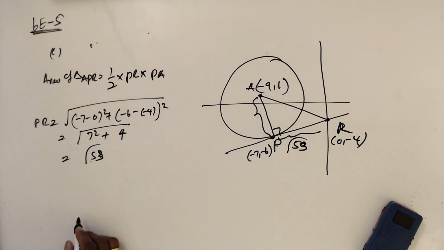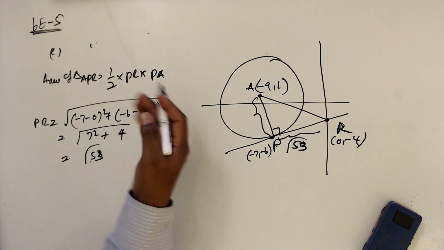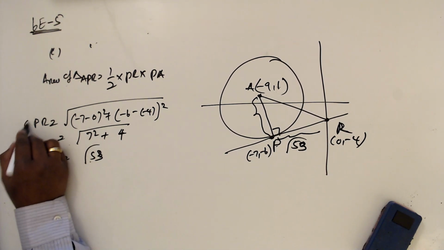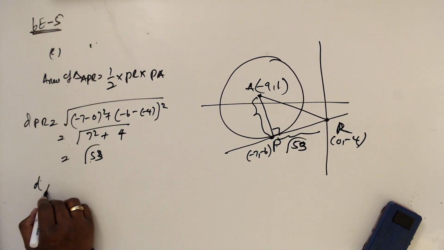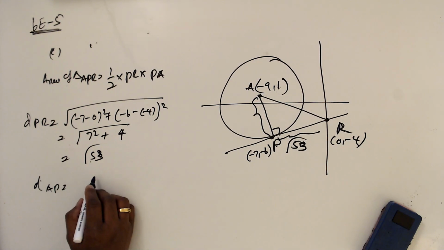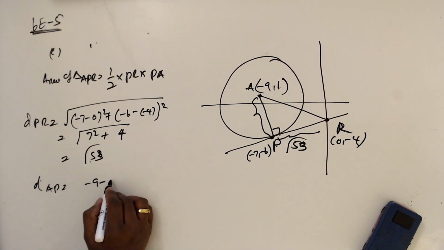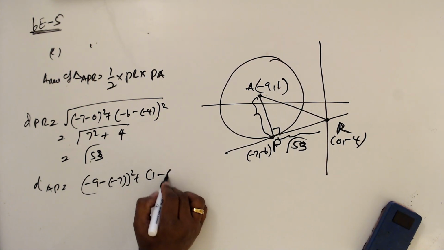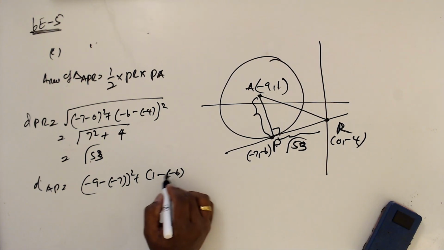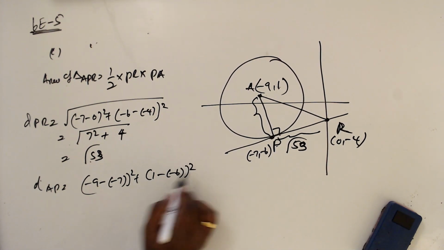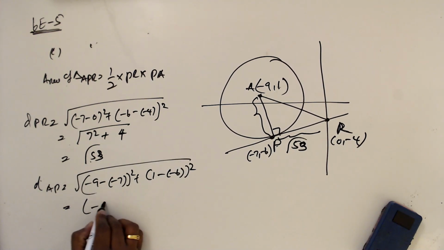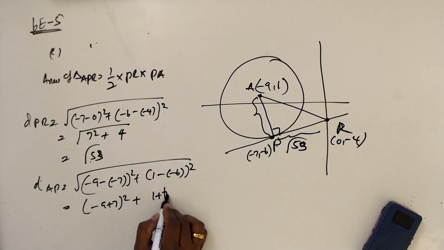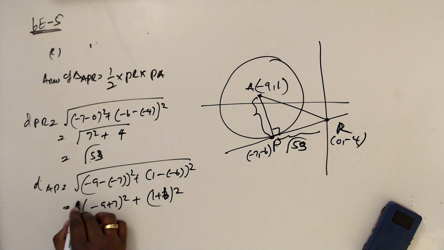This is the radius. We can work it out from the equation, or I'll simply find the distance of AP, which equals the square root of (x1 minus x2) squared plus (y1 minus y2) squared. That is the square root of (minus 9 plus 7) squared plus (1 plus 6) squared.